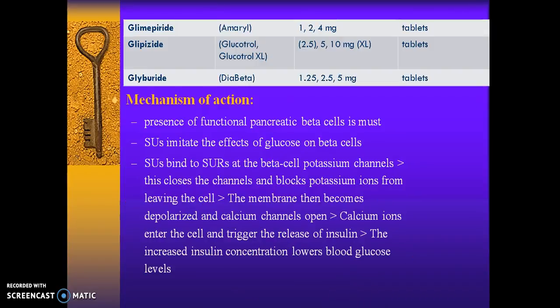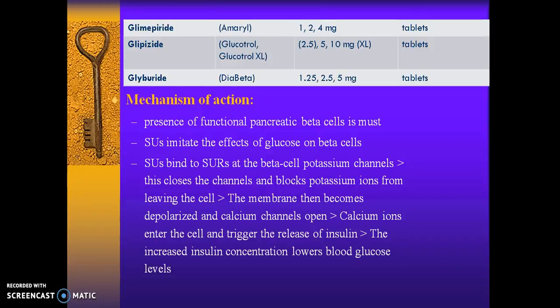The mechanism of action of sulfonylurea. The sulfonylurea basically stimulates the secretion of insulin from the beta cells. The presence of functional pancreatic beta cells is a must, and it inhibits the potassium channels.